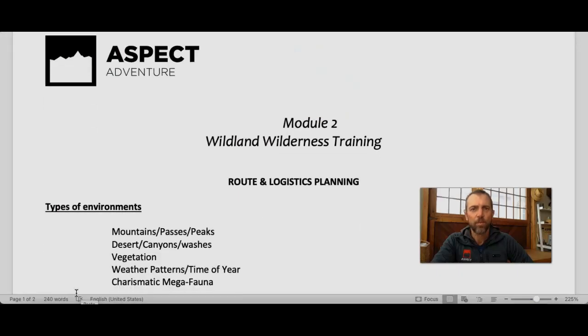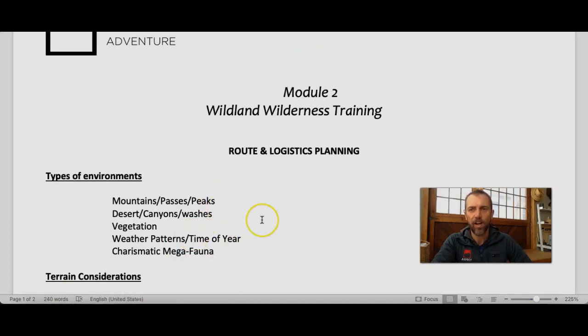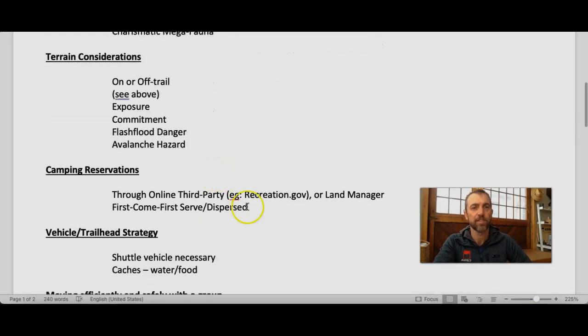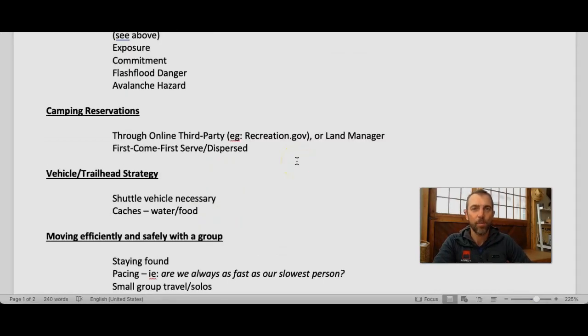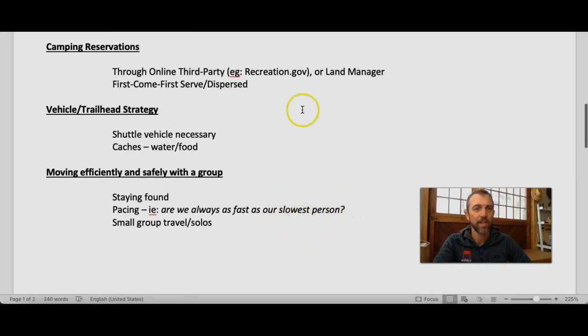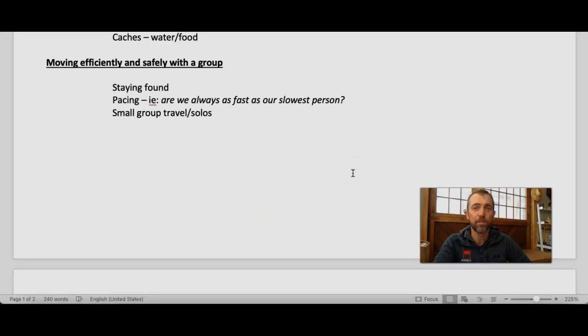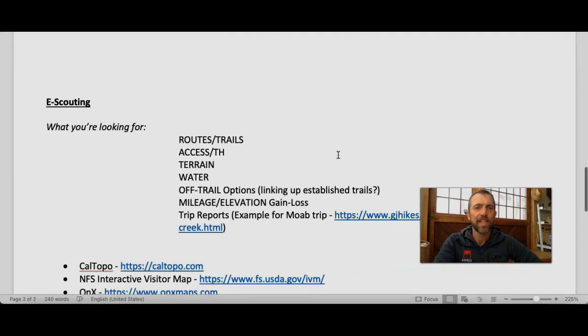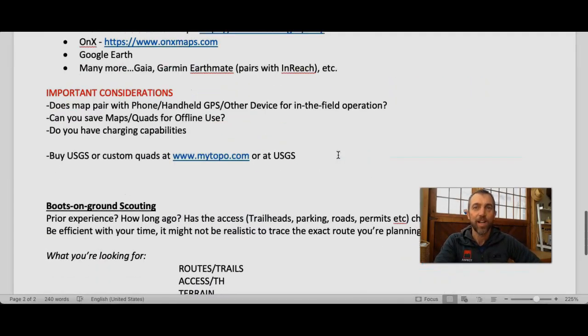Right away, we're going to be starting off looking at the types of environments we'll be exploring, terrain considerations, camping reservations, that goes along with permitting, etc., vehicle and trailhead strategy, moving efficiently and safely with groups, and then we're going to be taking a really deep dive into e-scouting and what I call boots on the ground scouting.